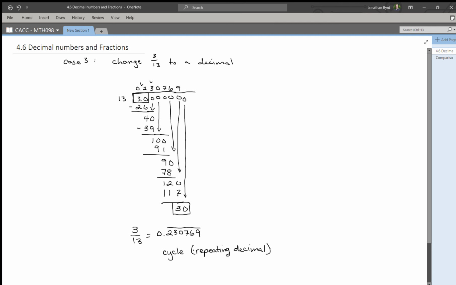We could have a situation where 1 digit of a decimal repeats, but we can also have a situation where multiple digits of a decimal repeat, and that is the case here with 3/13. There's a 6-digit cycle that repeats on and on forever. So that is the third case, and that represents all of the cases that we can conceivably see when converting from a fraction to a decimal.